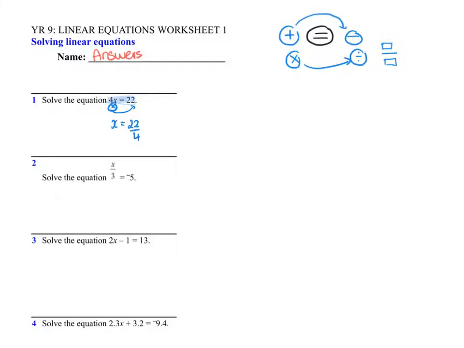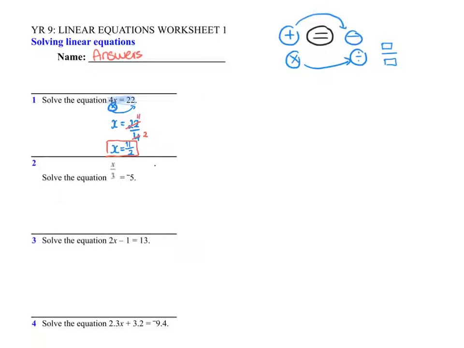And so then when you get a fraction like this, you just make it as simple as possible. So actually 2 can go into 22 11 times and 2 can go into 4 2 times. So if you can have a number that goes into both of them, you do it and then you simplify it. So I have 11 over 2. And I'm happy for you guys to leave them in a fraction answer.